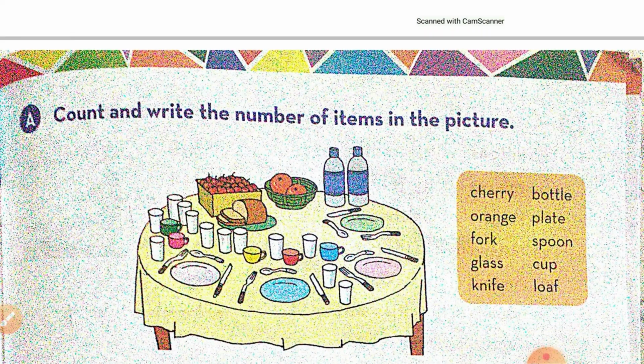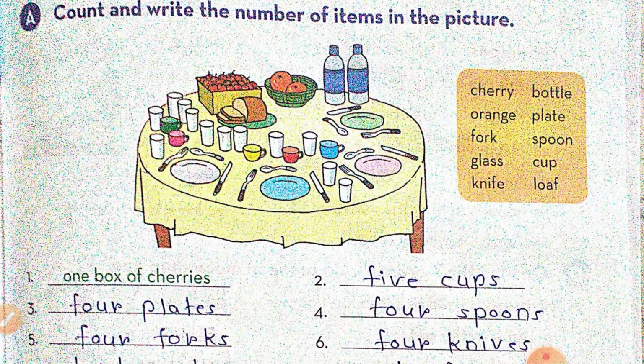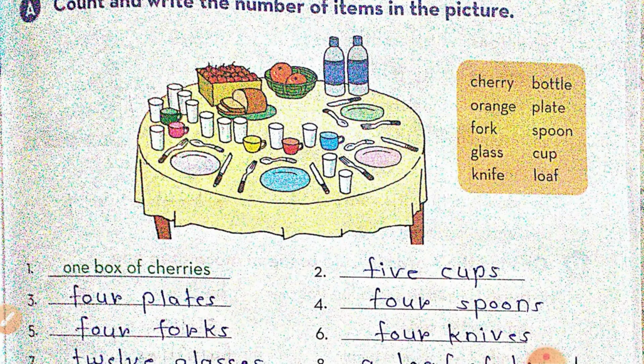Count and write the number of items in the picture. See this picture. Many things are kept on this table. You have to count the similar things and mention the proper number before it. One box of cherries. See here, you can see one box of cherries is kept on the table. Then 5 cups. 5 cups are there. 1, 2, 3, 4, 5.